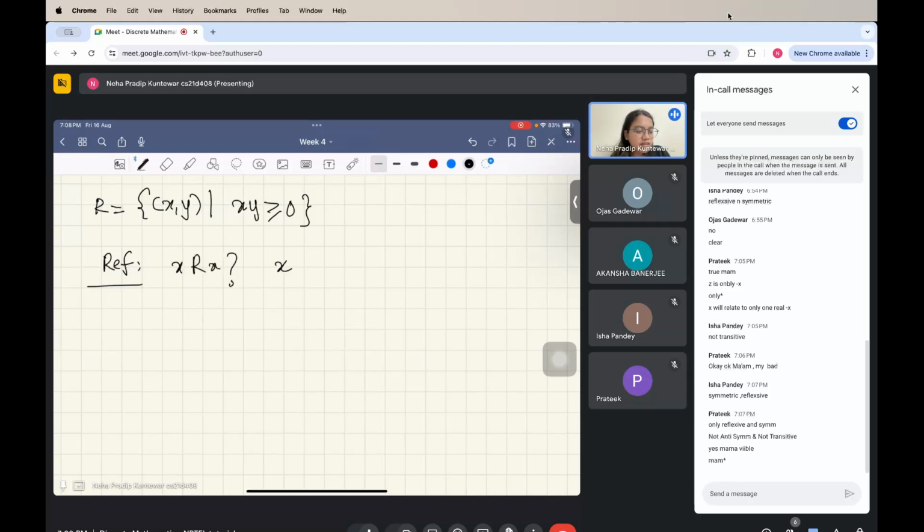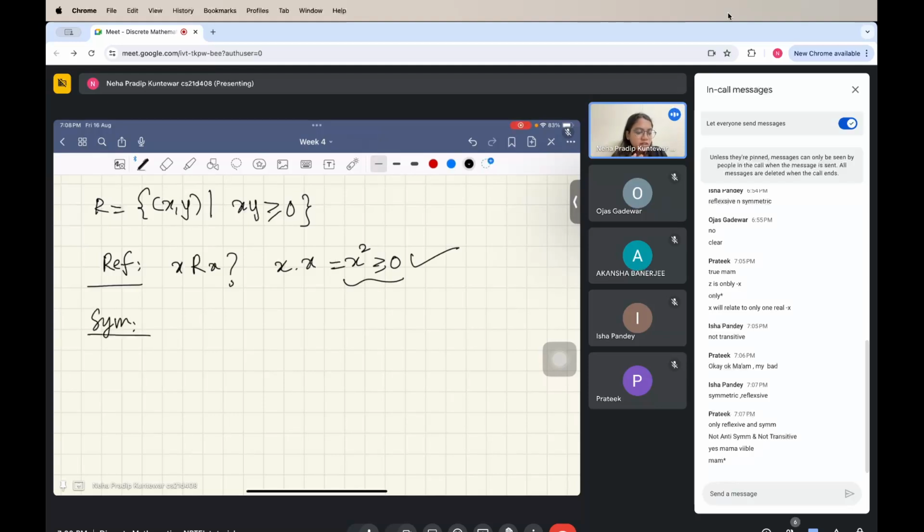Is it true that x times x, which is x squared, is greater than or equal to 0? This is always true because the square of any real number is at least 0. So reflexivity is true.